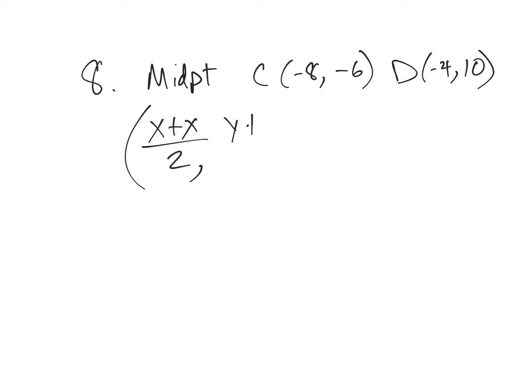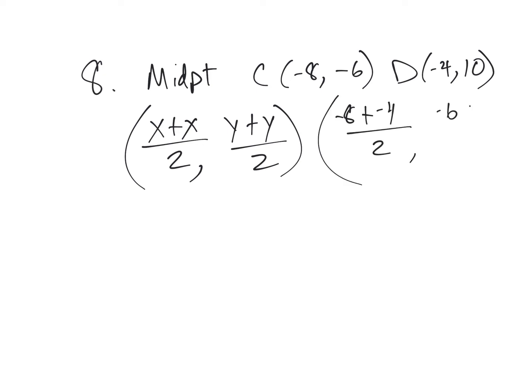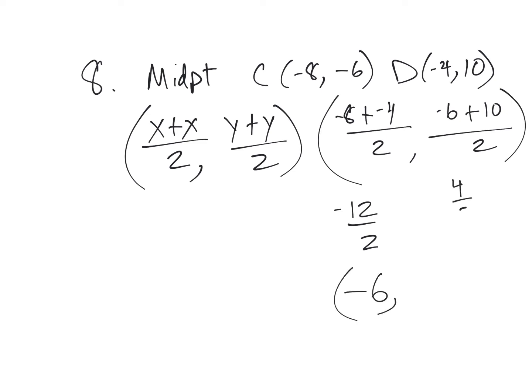Add your x's, add your y's. So -8 plus -4, and -6 plus 10. -12 over 2 is -6. And you have 4 over 2 there, so that's a positive 2. So that is your answer.